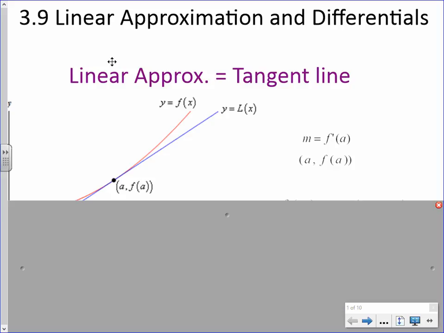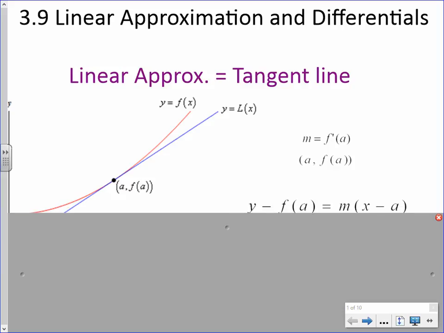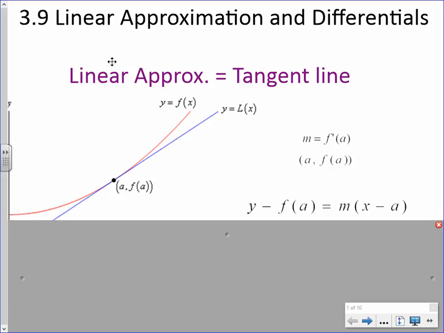Okay. So here I have a picture. We have a red curve, and this blue line is our tangent line, right? Let's talk about how do we find the slope of this tangent line? The derivative. So if we are going to write the equation of a line, this is how we write it.